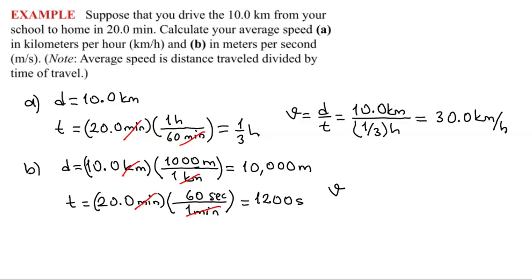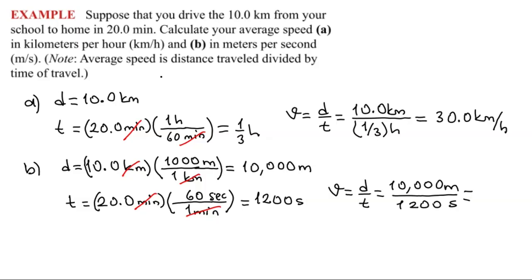Now we write V equals D over T, 10,000 meters over 1,200 seconds.